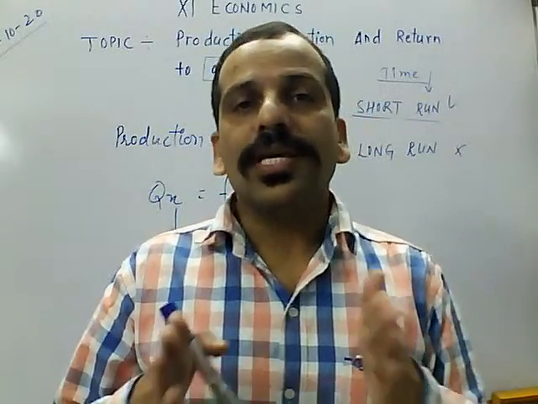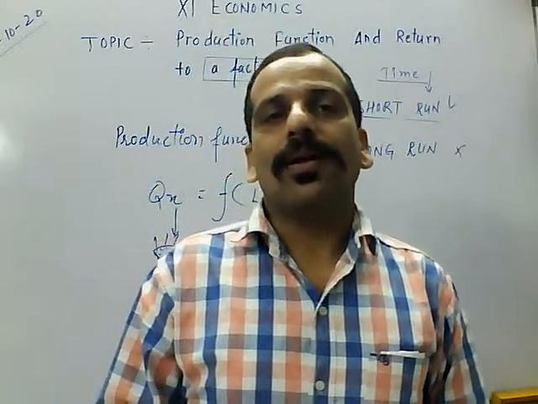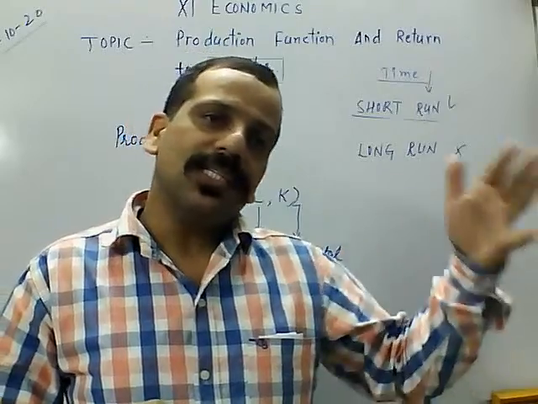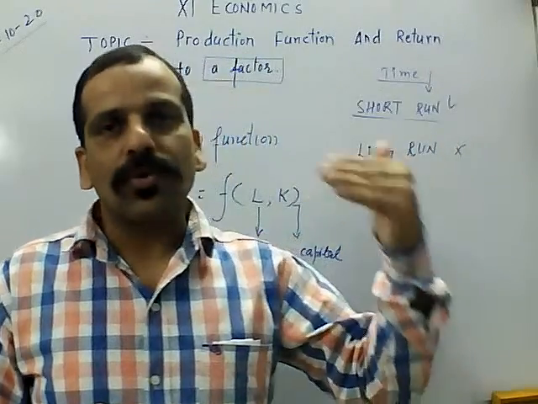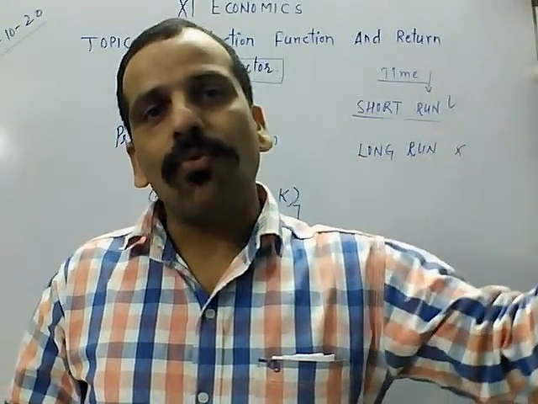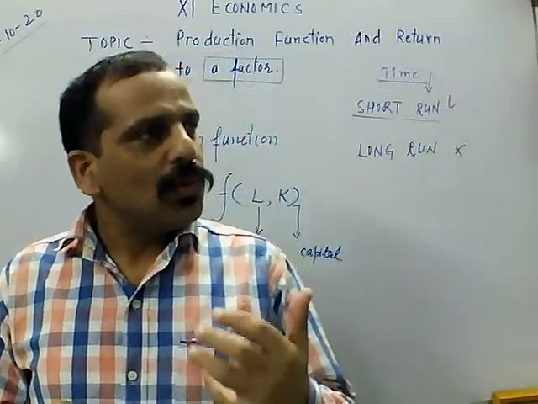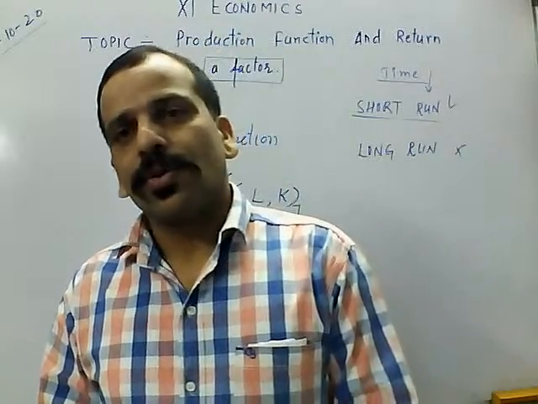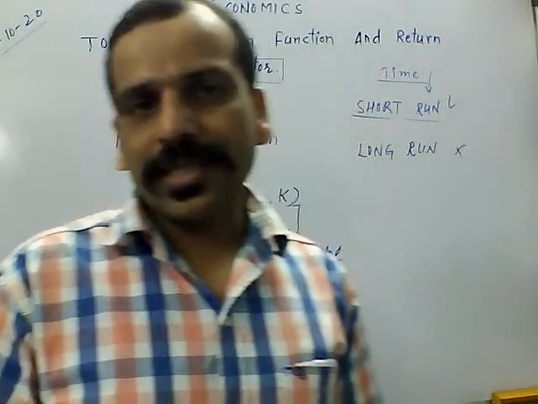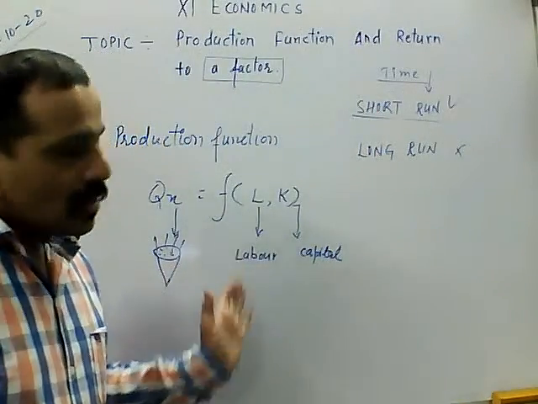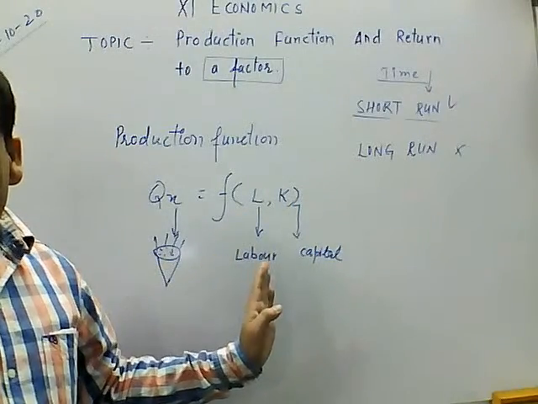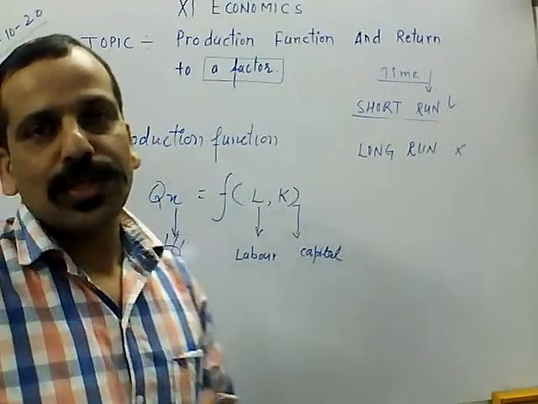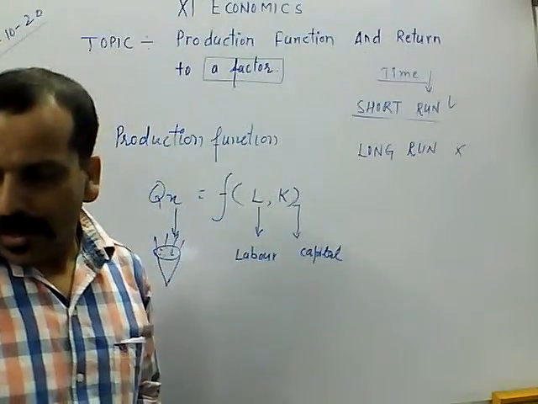Okay, when you change your labor, like you have a plant, a project, and workers are there, and you keep on increasing the workers, like worker number 1, worker number 2, 3, 4, 5, and so on. Don't you think there will be an impact on the output? Definitely there will be. So in what way will it affect? What are the steps and the zones or stages in between, I will be teaching you in this chapter. Understood, beta?